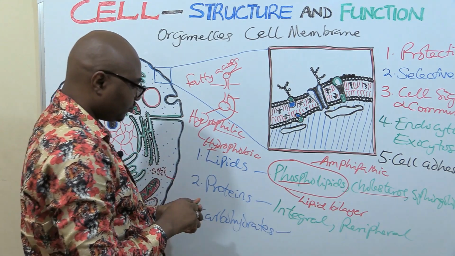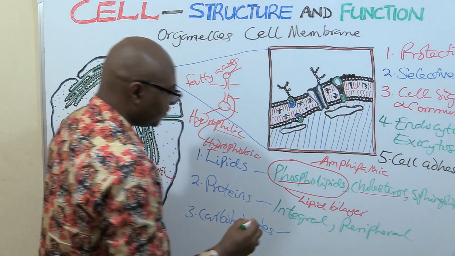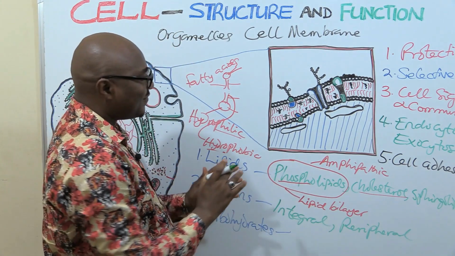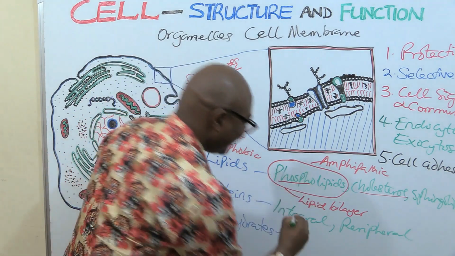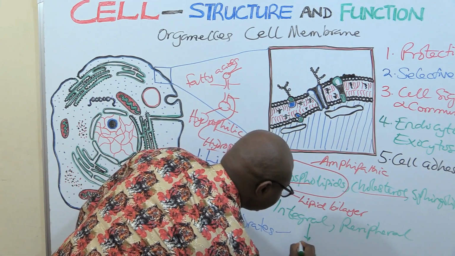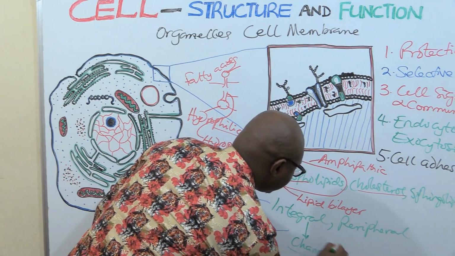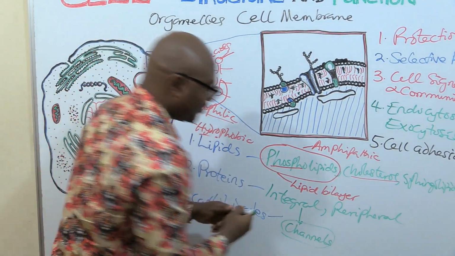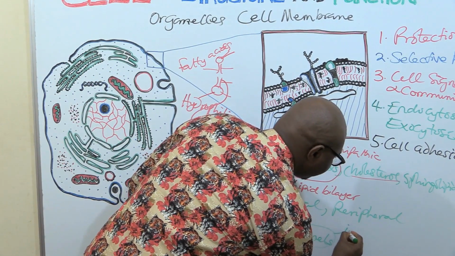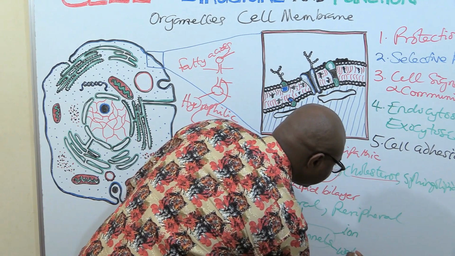Now what do they do? Two major things that they do. One of them is that integral proteins form channels. The channels could be ion channels or water channels.